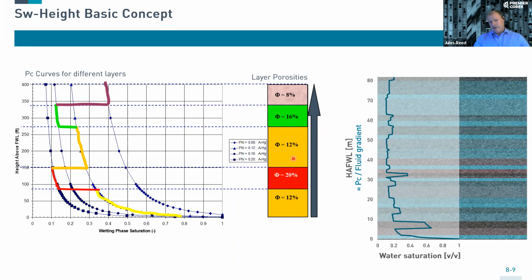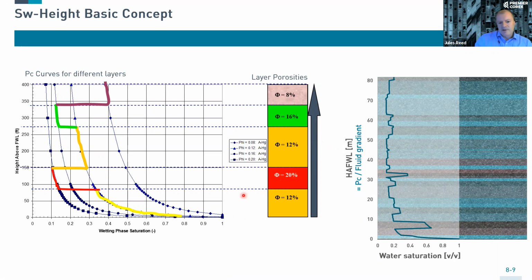So we've binned the porosity into different portions. We've got one which goes from 6 to 10 porosity units. The next one here would be 10 to 14. Then we've got 14 to 18, where this is denoting the average porosity of that layer. And the largest porosity is from 18 to 22%.